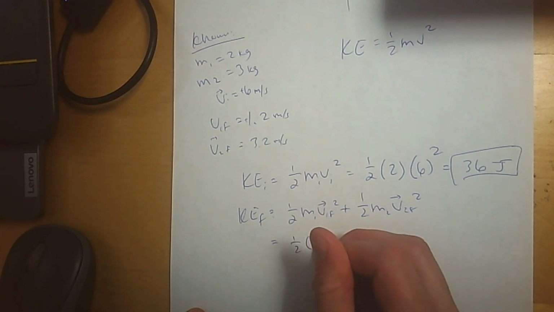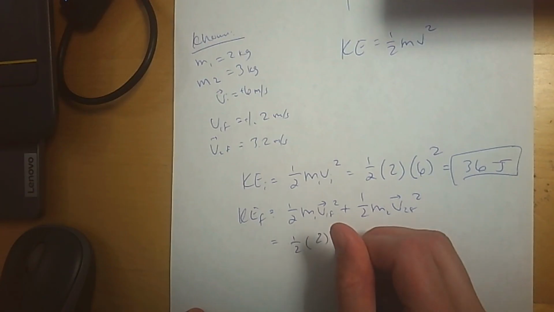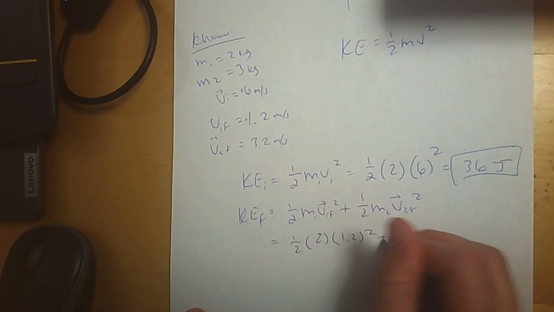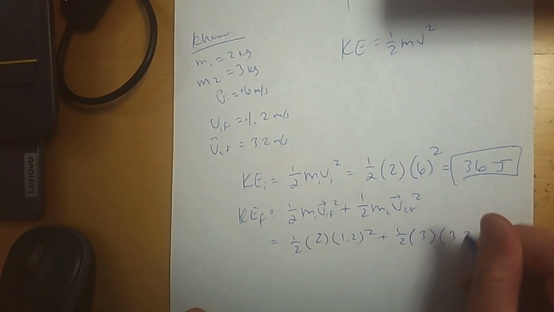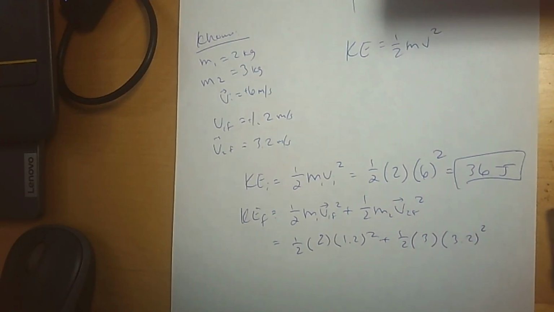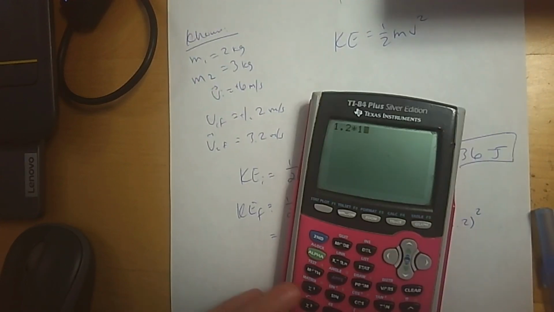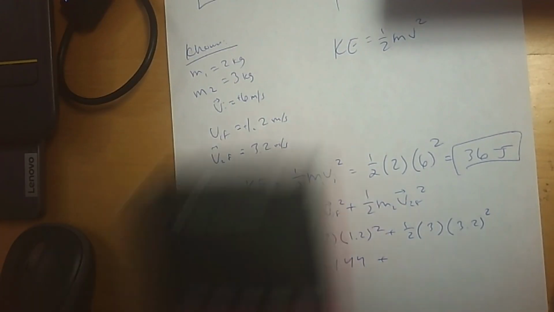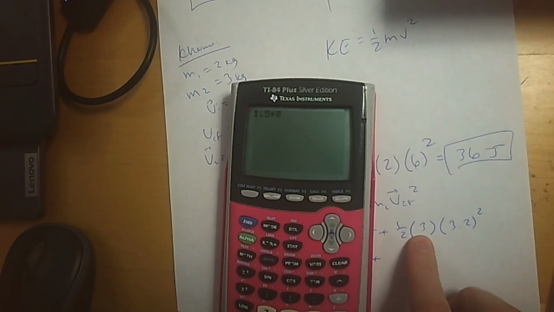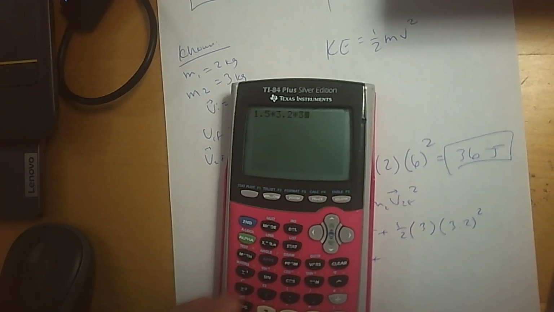So 1/2 times 2 times 1.2 squared plus 1/2 times 3 times 3.2 squared. All right, so 1.2 squared is 1.44, plus we have 1.5, that's 1/2 times 3 times 3.2 squared, which is 15.36.